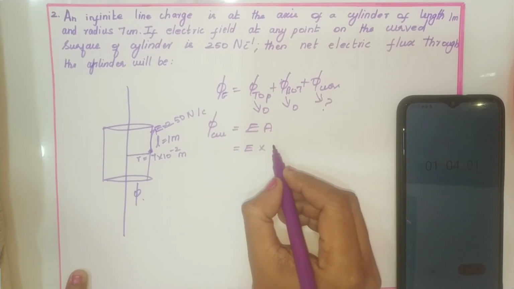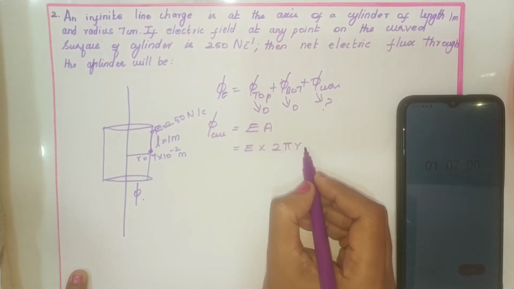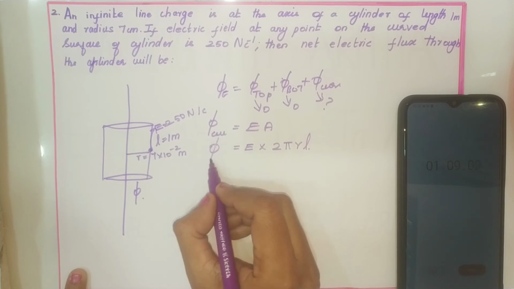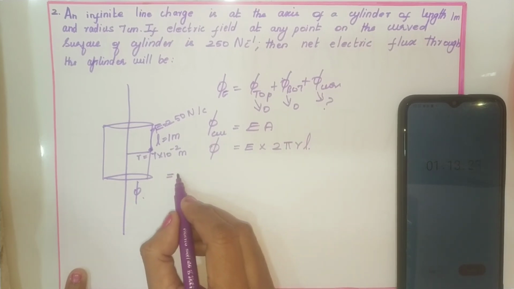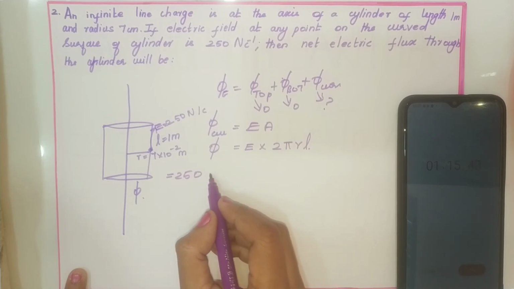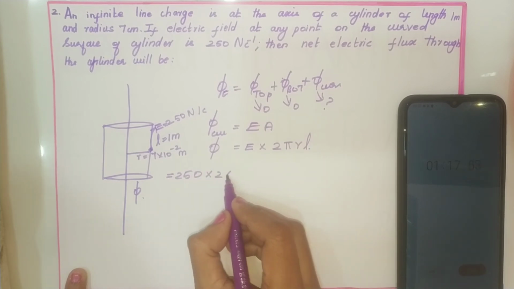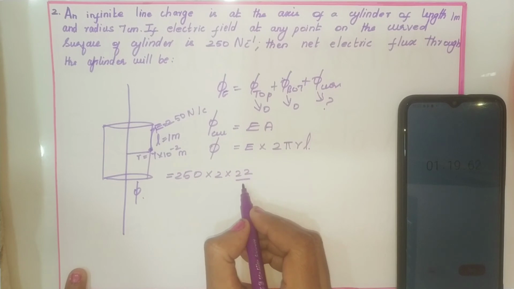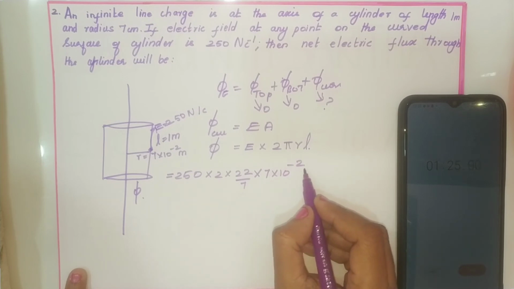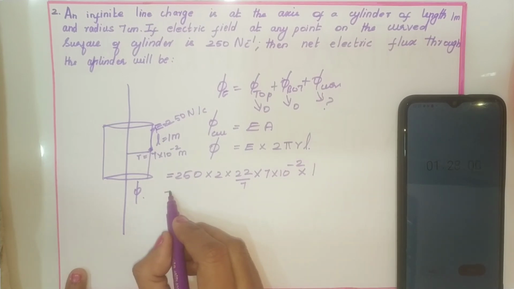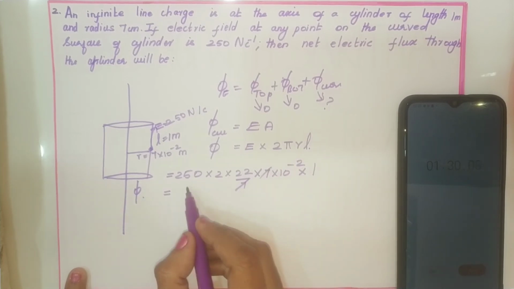So E into, for the curved surface, 2 pi RL must be written. So flux phi is equal to E into 2 pi RL, with E value 250, 2, then for pi 22 by 7, for radius 7 into 10 power minus 2, and for length L, 1.